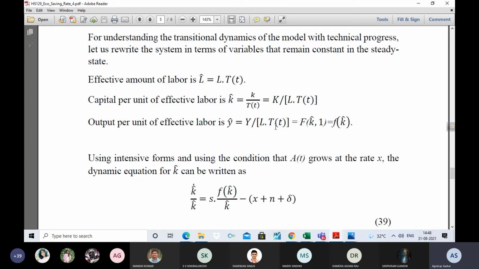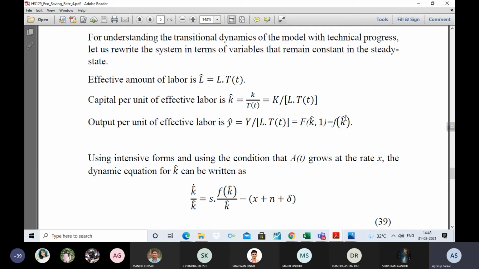If you divide both sides by effective labor, L times T, Y divided by L times T would give you this. So the production function says output per unit of effective labor is now a function of capital per unit of effective labor only.